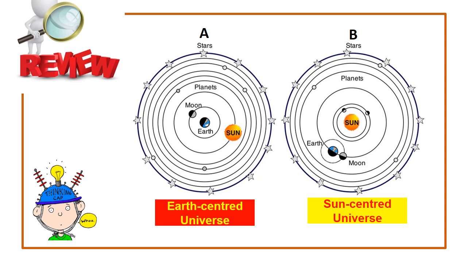Now, which model is correct? Is it A or B? Absolutely, it is model B. However, I want to clarify that yes, the Sun is the center of the solar system, but not the universe. Okay, enough for the review. Let's go to the new lesson.